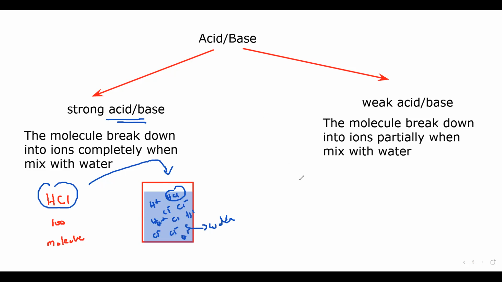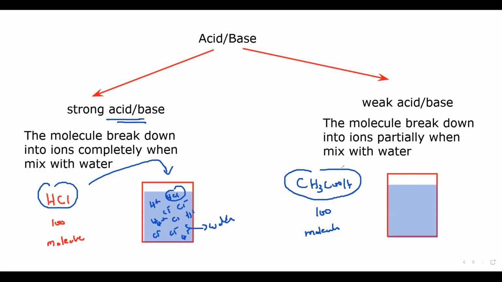For example, if we have ethanoic acid, which is CH3COOH, and we have 100 molecules of ethanoic acid, and we add this into a container filled with water, we observe that most of them will remain as molecules. They do not break down into ions, they remain as molecules.